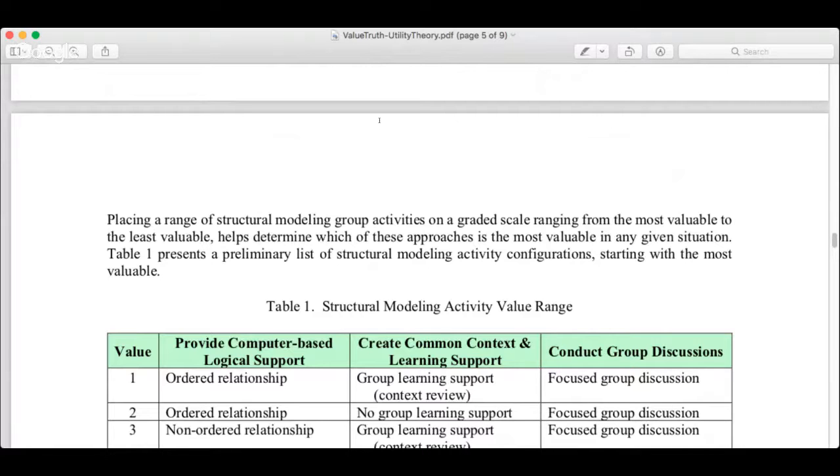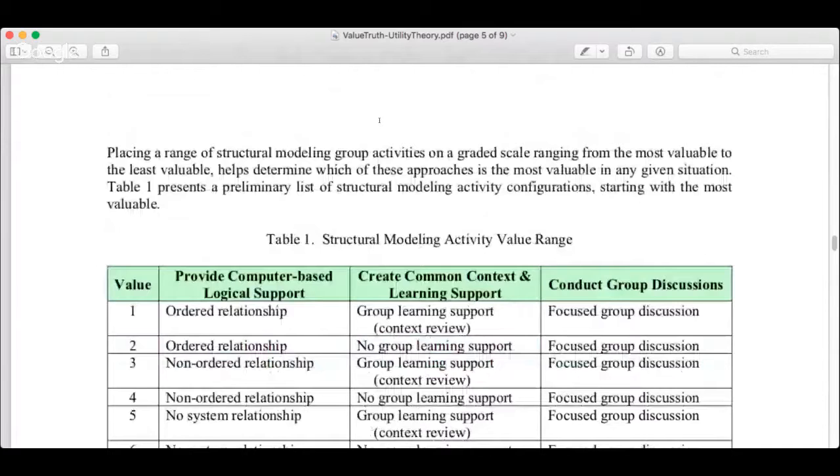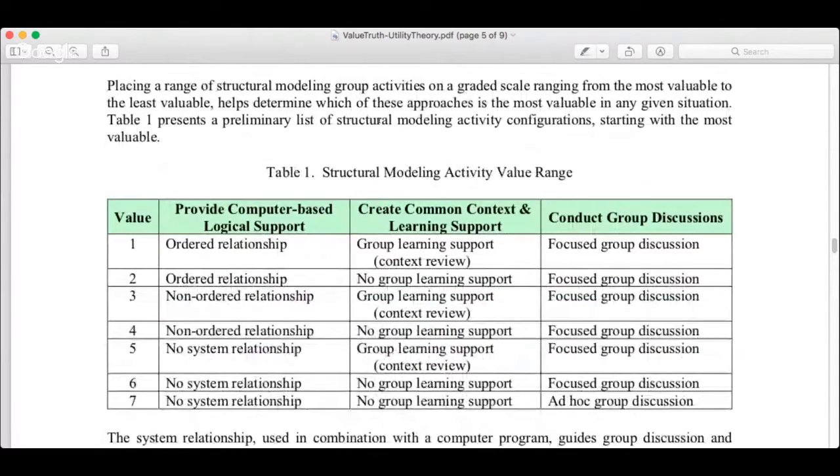So we've started to rate and rank the structural modeling activity value range, starting with 1, which is what we believe the most valuable, and then going to 7 at this time, which we believe is least valuable. This is just a very preliminary chart.